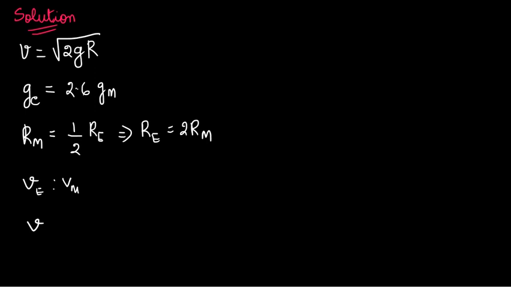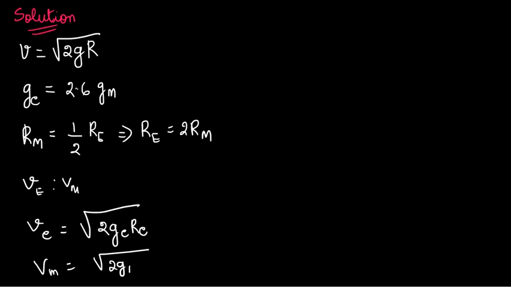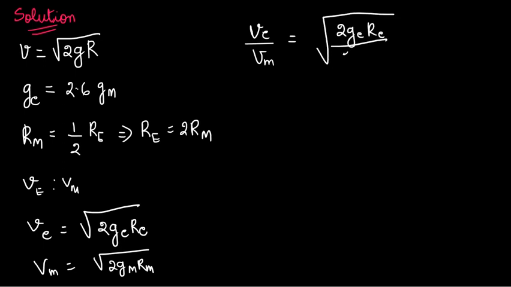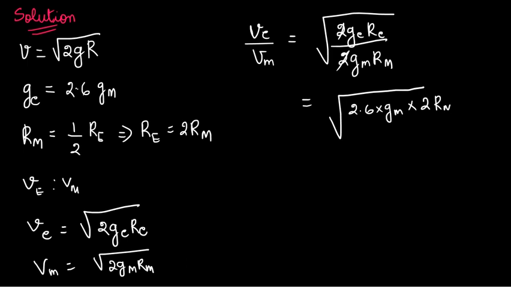So now we have to write VE, which is root over 2GeRe, and VM, which is root over 2GmRm. The next step is to divide both, and we get root over 2GeRe by 2GmRm. Now the 2s will get cancelled, and I know that GE in terms of GM is 2.6 into GM, and RE in terms of RM is 2RM, and this GM is the same here, so I can cancel this.